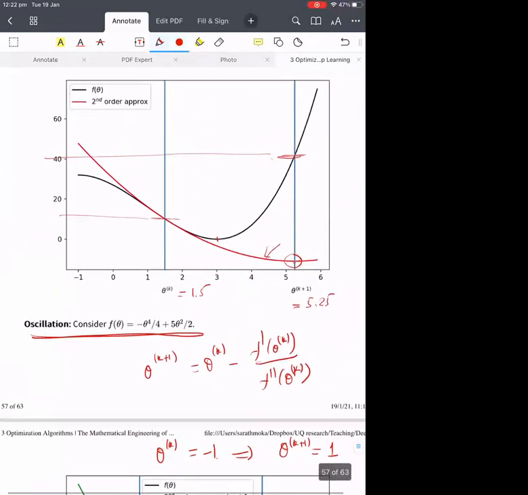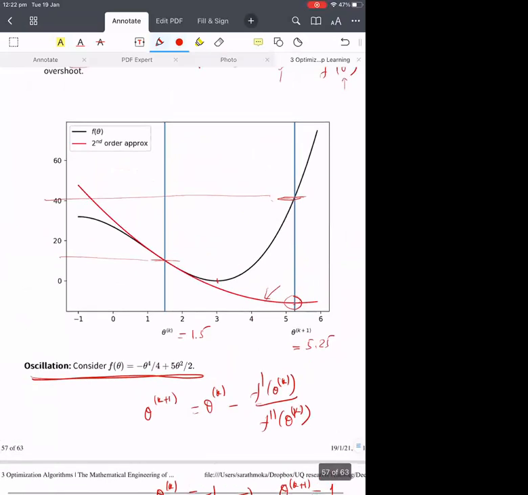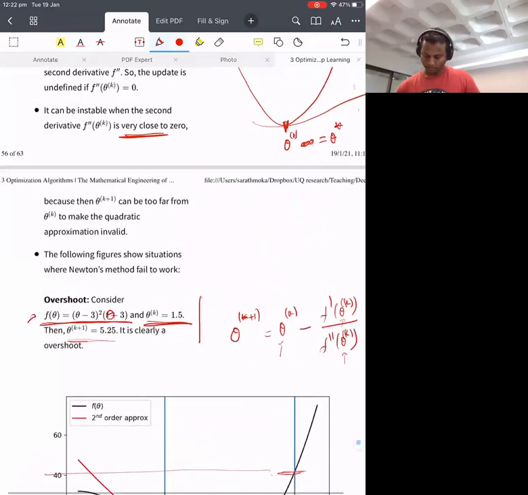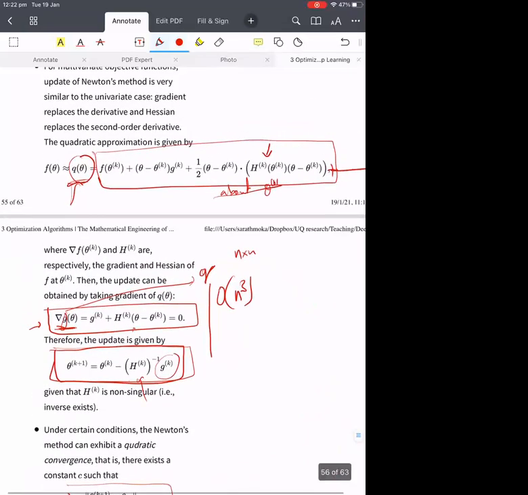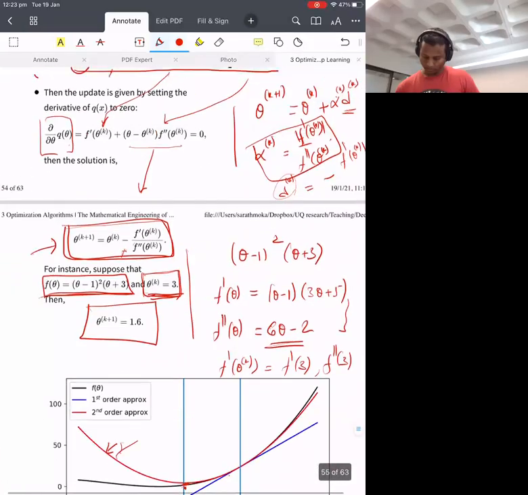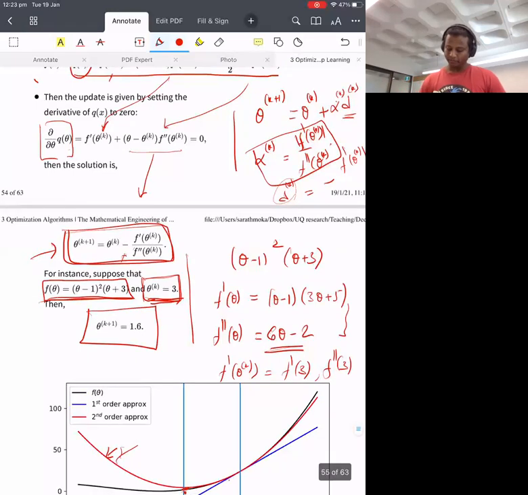But in the second order method, Newton's method also takes the second derivative, right? This one? Yes, it takes the second derivative, Newton's method. And in the secant method, we don't take the second derivative, we approximate it.